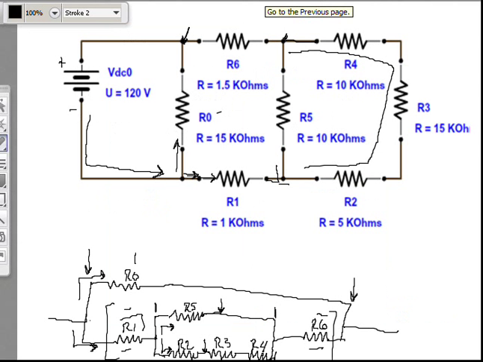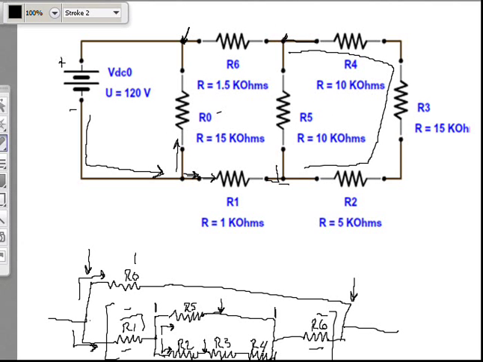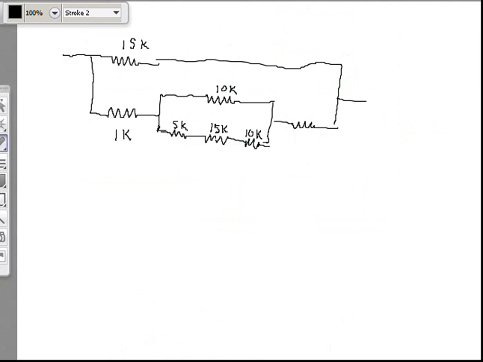R3 is 15, R4 is 10. So R6 is 1.5K. That's R0. That's R1. And V equals 36 volts.